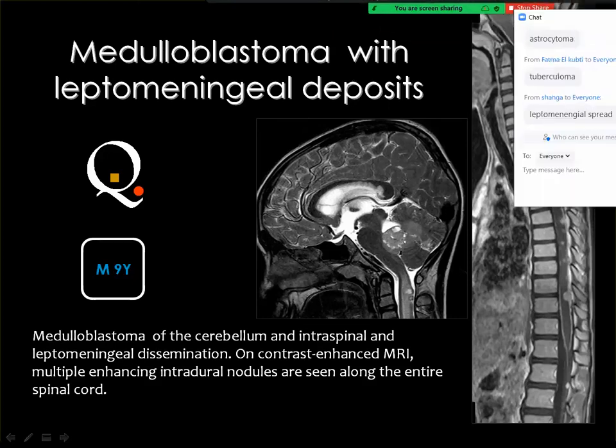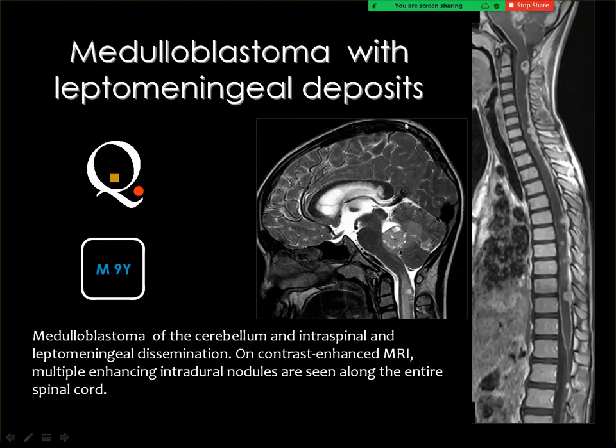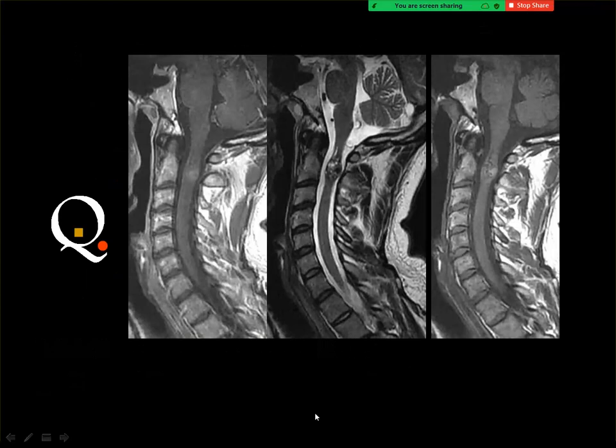Whether the lesion is an ependymoma or medulloblastoma, because it involves part of the cerebellum, both can induce this extensive leptomeningeal metastasis. This is another case of MRI cervical spine T1, T2, and T1 post contrast.